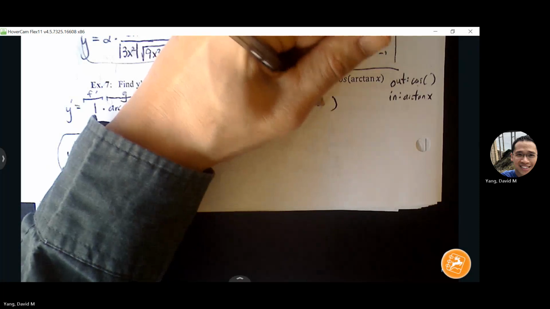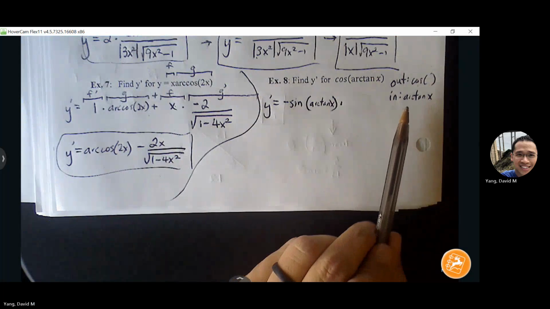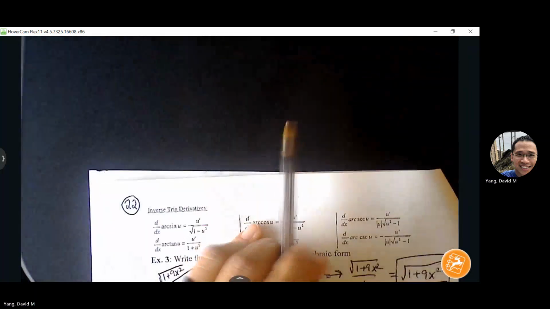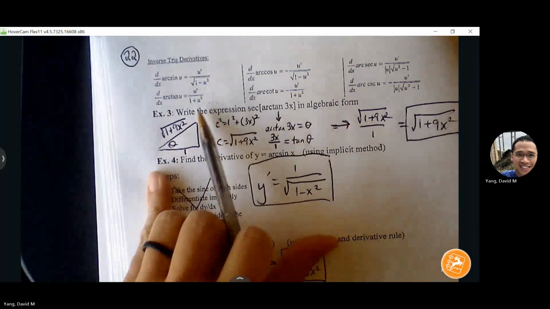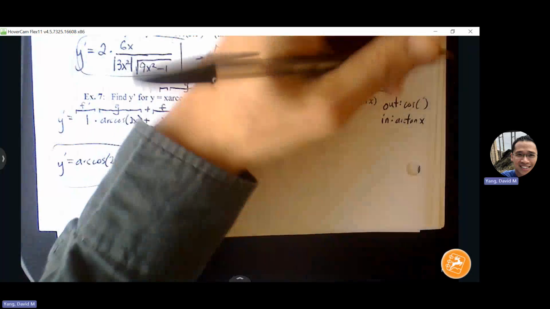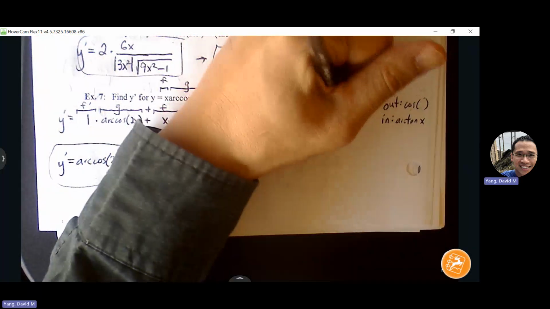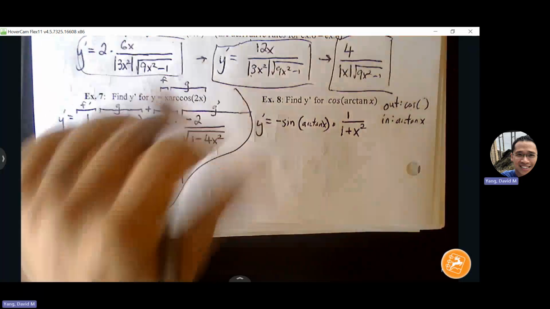Keep it, right? Okay, arctangent of x, our derivative: u prime over 1 plus u squared. Okay, so u prime 1 over 1 plus x squared.